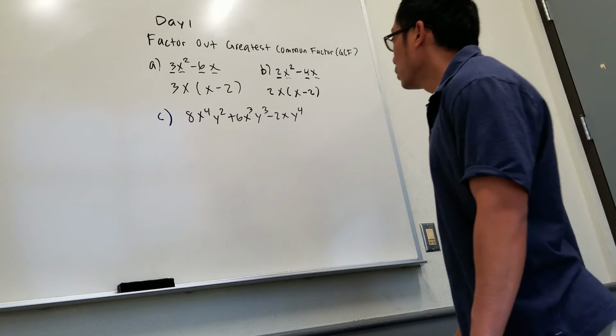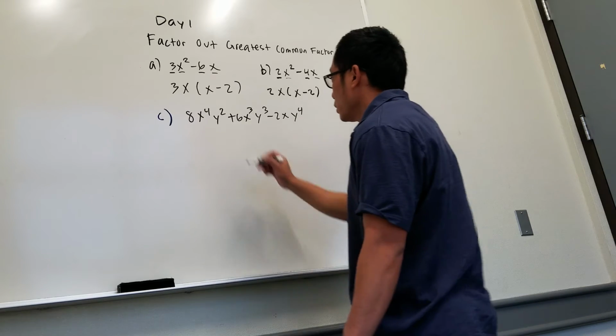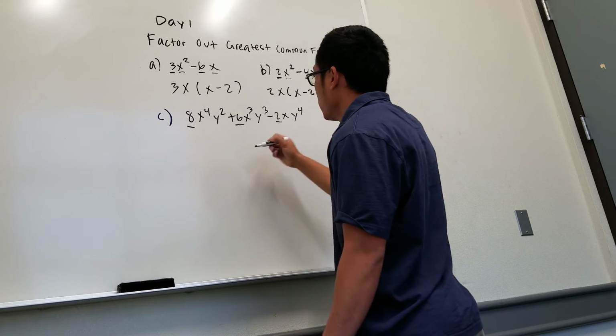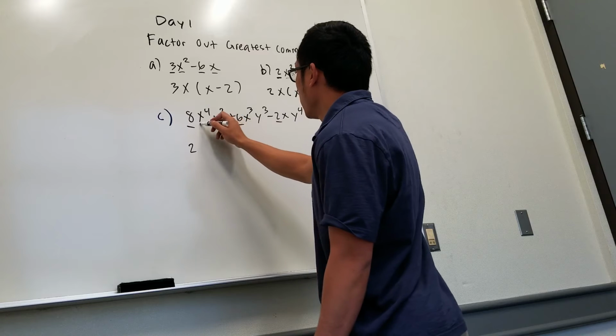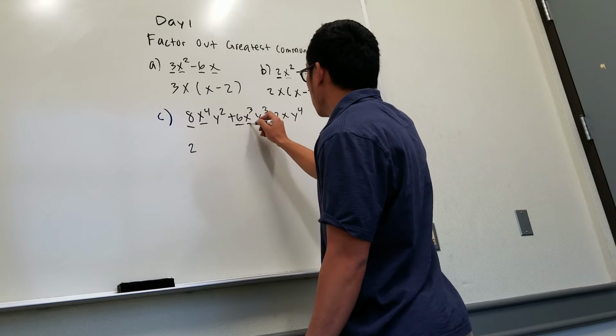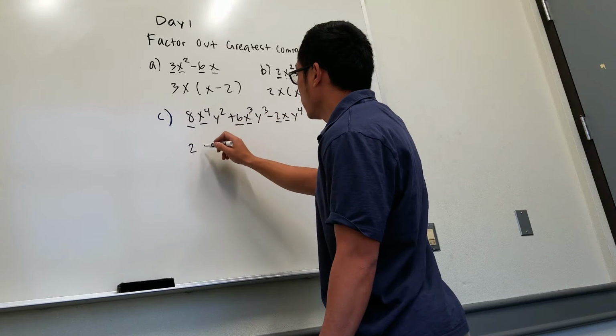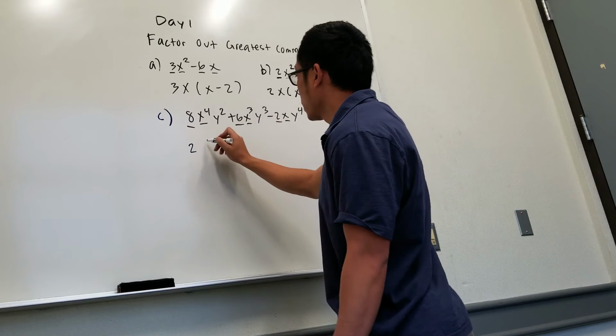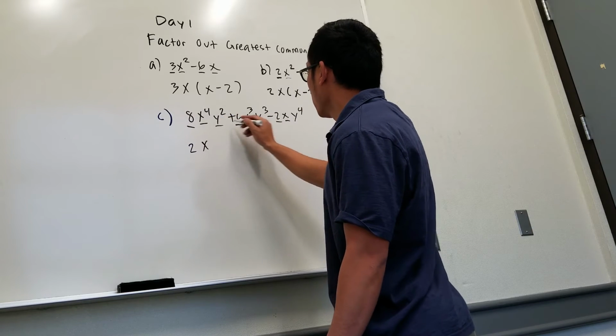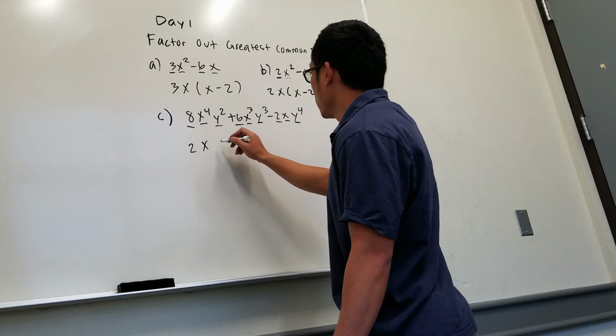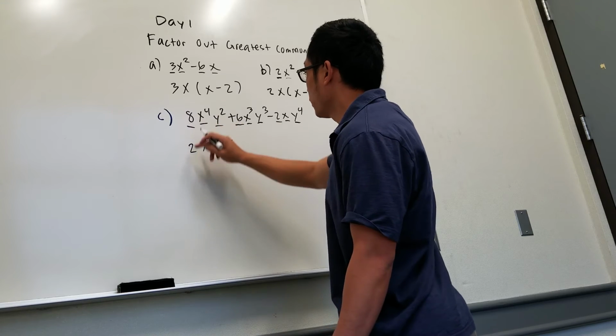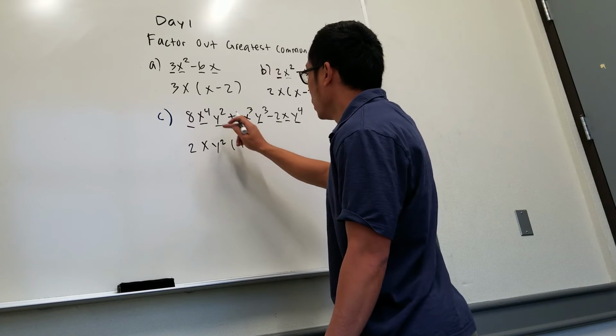Okay. All right. So what do we do? First, we look at the numbers. What's the GCF? It's just 2, right? How about x? When we look at the x, what is the GCF? From x to the 4, x cubed, x, it's just x. How about y squared and y's? It's just y.